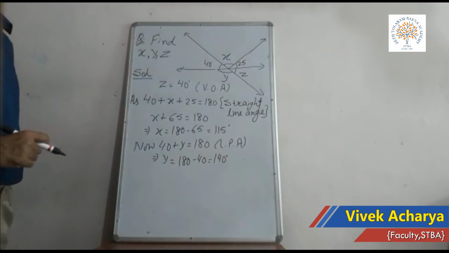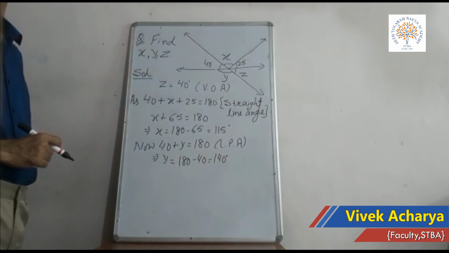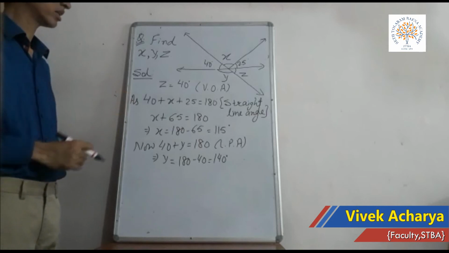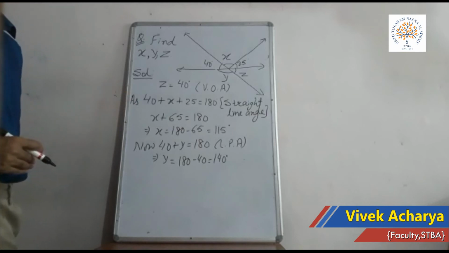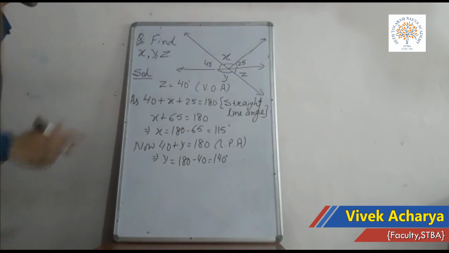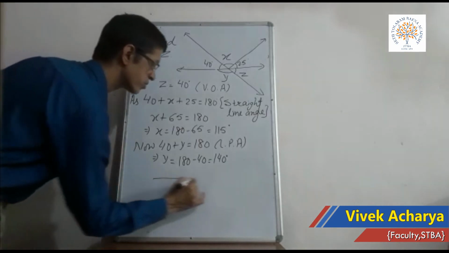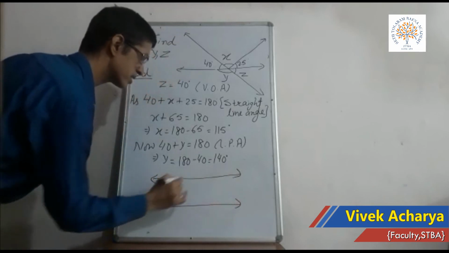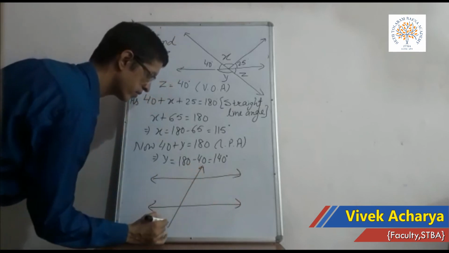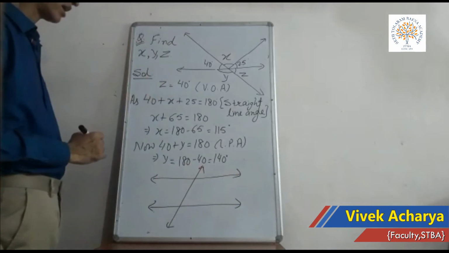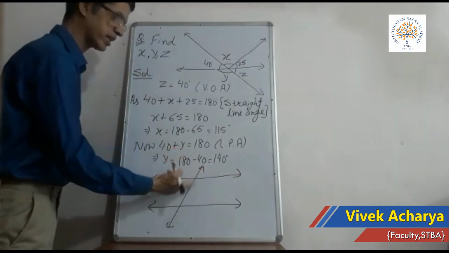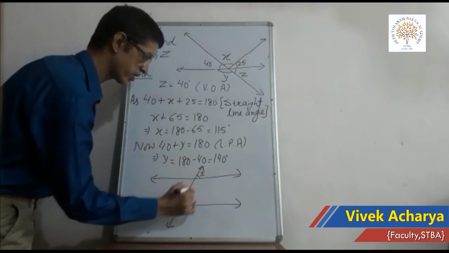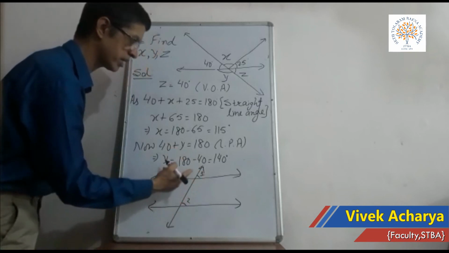So I am just briefly revising the topics which we have discussed. First of all, I explained corresponding angles. If two parallel lines are intersected by a transversal, the corresponding angles are equal. You can see angle 1 and angle 2; similarly these angles are corresponding angles.